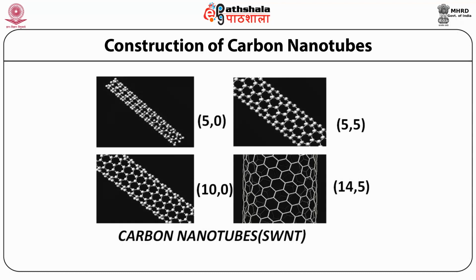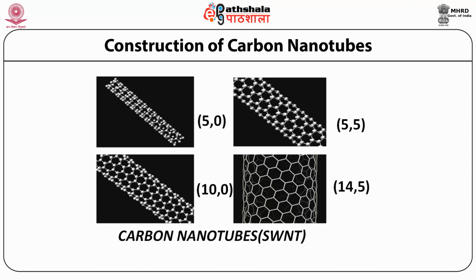I want to show how our (5,0) tubes, (5,5) tubes and (14,5) tubes look like. So for example, there is a family of tubes where m is 0, for example (5,0), (8,0), (9,0).